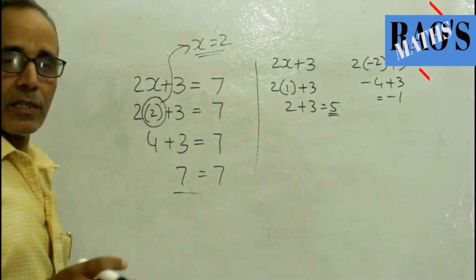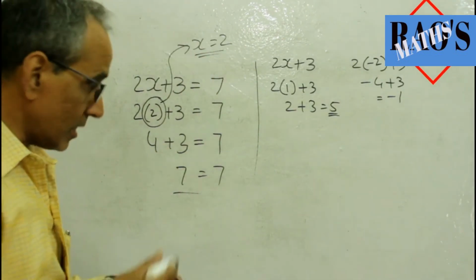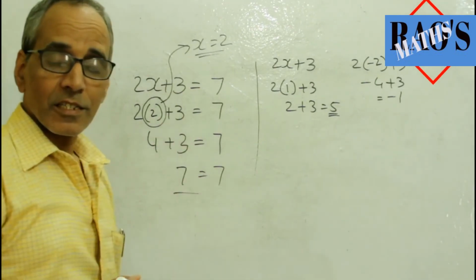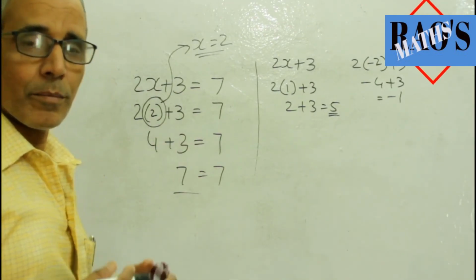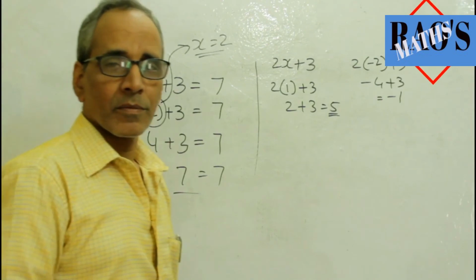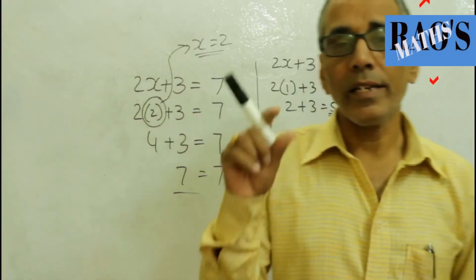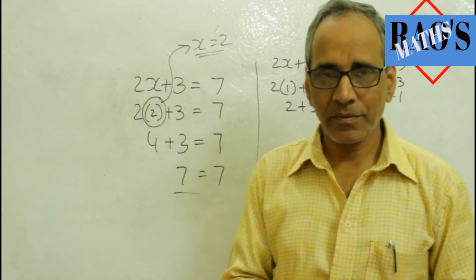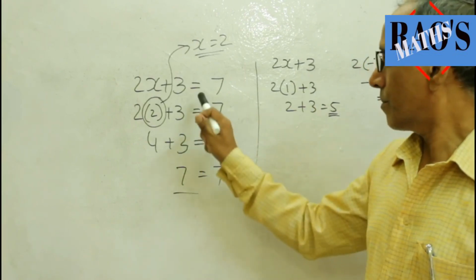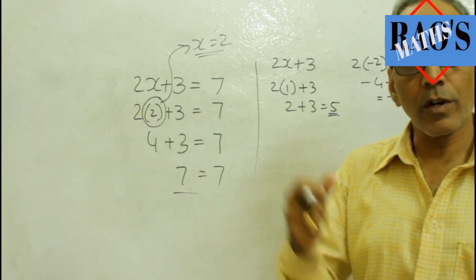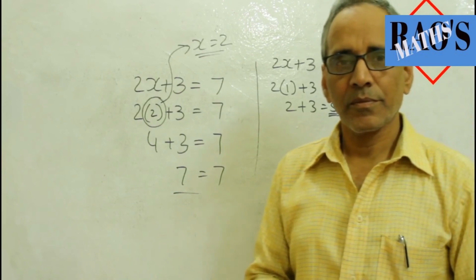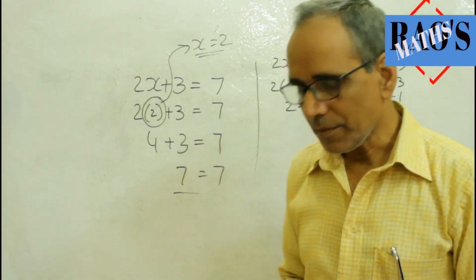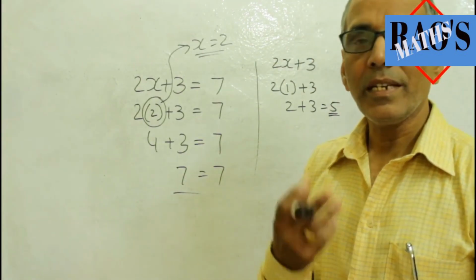So x has only one unique value in this condition, that is, 2x plus 3 is 7. If I put a condition on any expression, that is called an equation. And an equation holds the property of equality. In this session, we solve some linear equations.